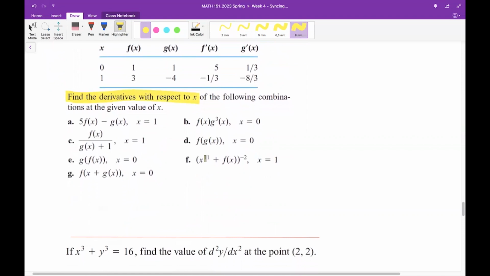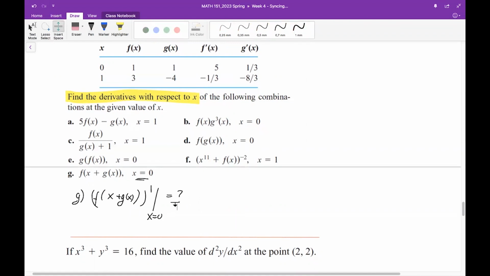Okay, let's choose one of them. Let's choose G and handle it. F is composed with this function, and we want to find the derivative of this expression at the given point, X equals 0. This is the question, okay?